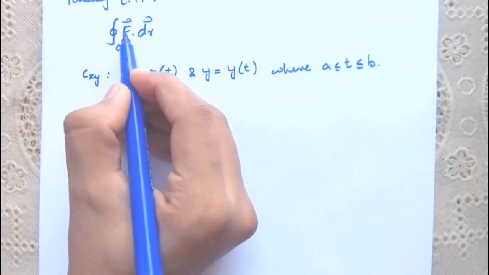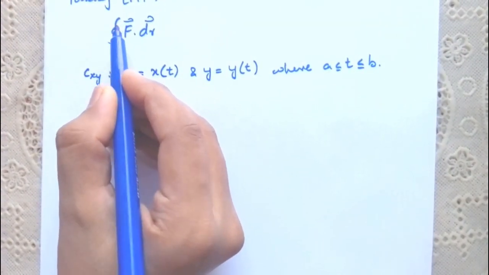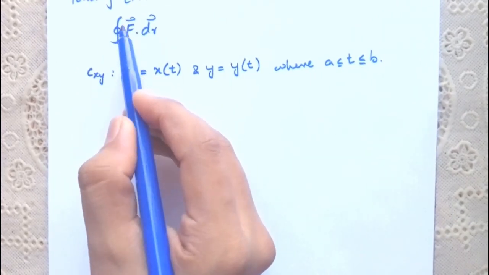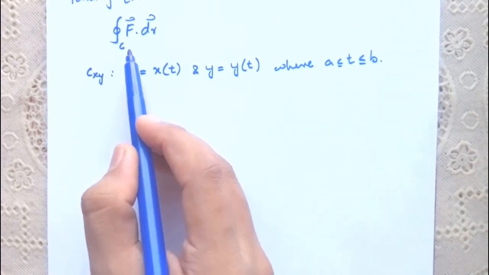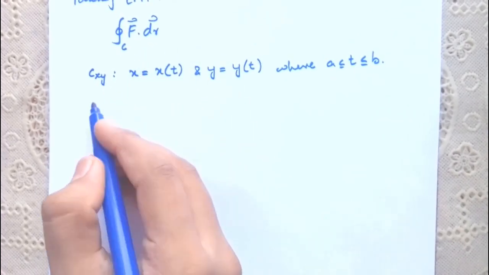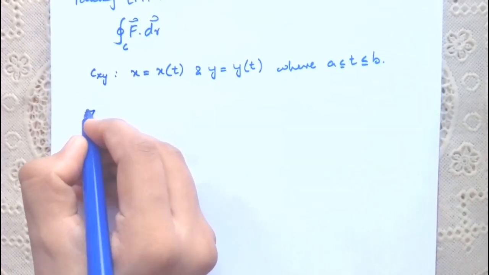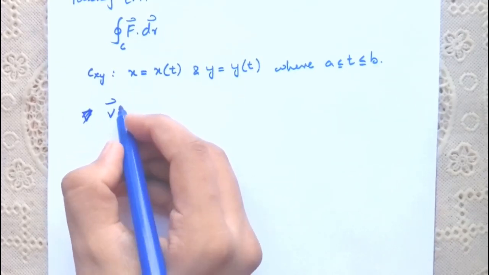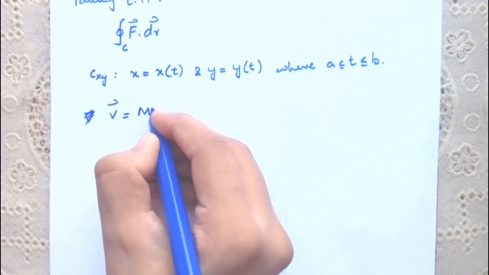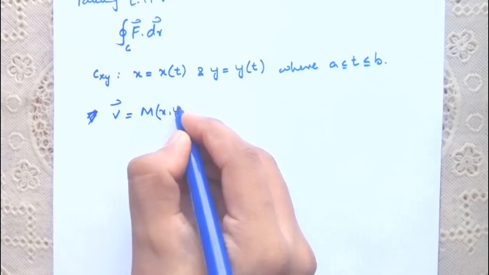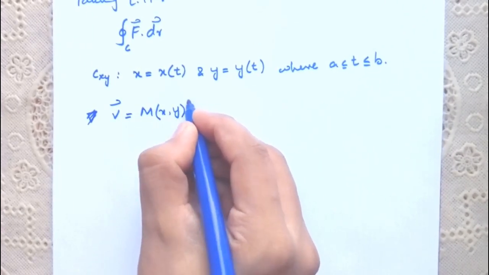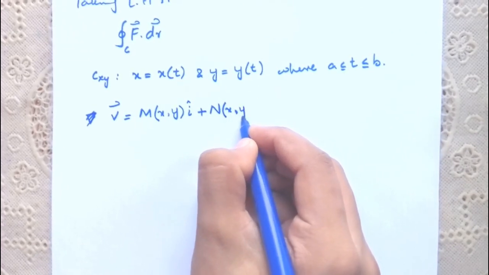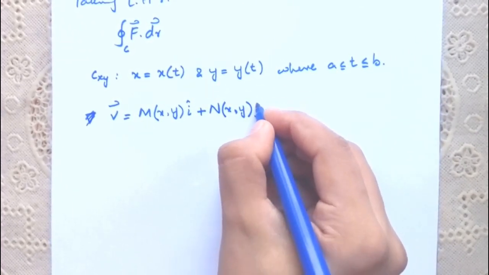Now the vector field F is for the surface S, meaning F is a 3-dimensional vector field. Now let me define the vector field for the region R, meaning a vector field in 2 dimensions, and we denote this vector field by v, and v is equal to M, which is a function of x, y in the direction of i, plus N, which is also a function of x, y in the direction of j.